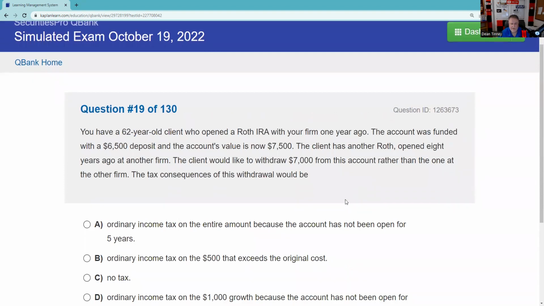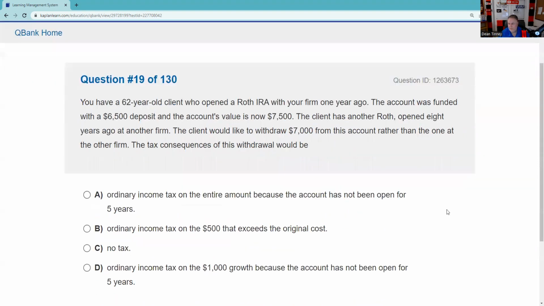You have a 62-year-old client who opened a Roth IRA with your firm 1 year ago. They put $6,500 in there. So remember, a Roth, you're using after-tax money. That's $6,500 that you've already paid taxes on. And the account's value is now $7,500.